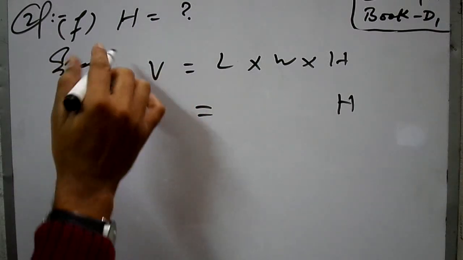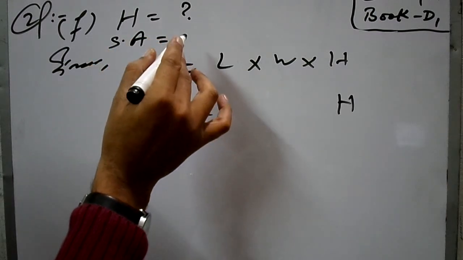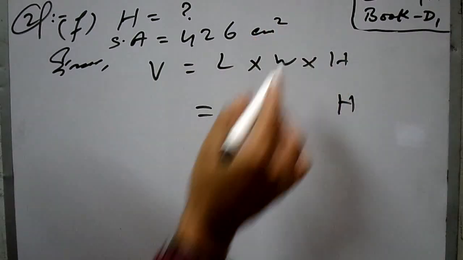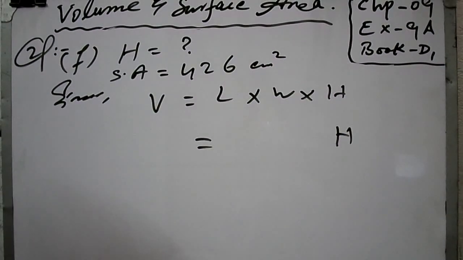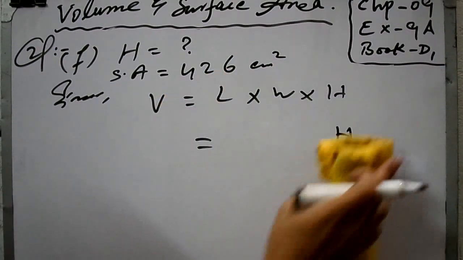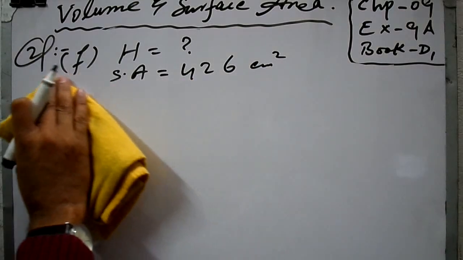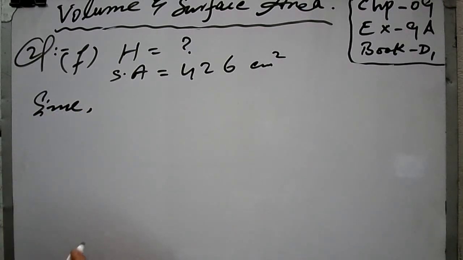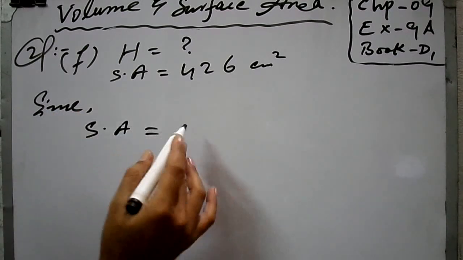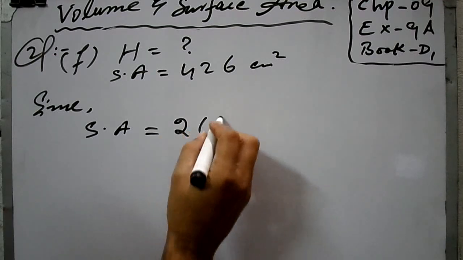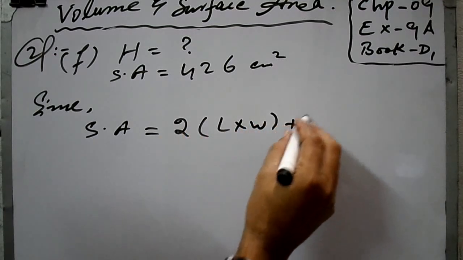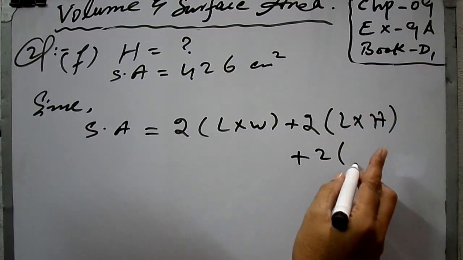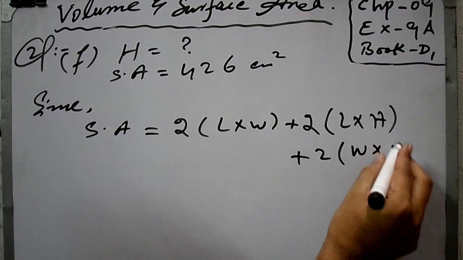Now the surface area is given, that is 426 centimeters square. So now in this case we cannot put this formula because the surface area is given to us. Then we have to use surface area formula, that is surface area is equal to 2 into length into width plus 2 into length into height and plus 2 into width cross h.